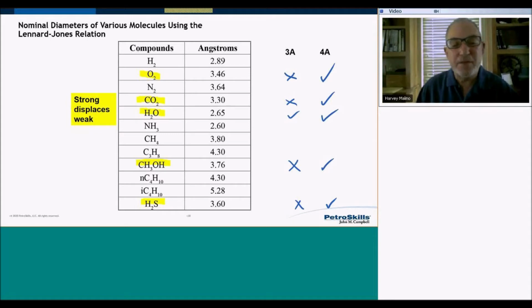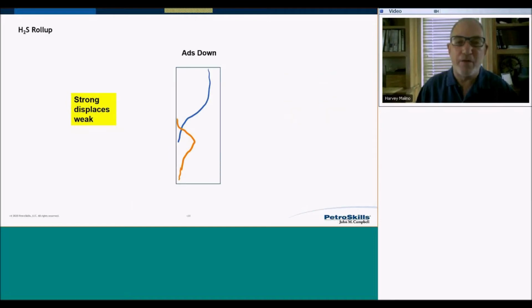This is important. There are a number of units out in the field that have trace amounts of H2S in the feed and are using type 4A to dehydrate. What happens, and you need to be aware of this, is that this shows a water profile.